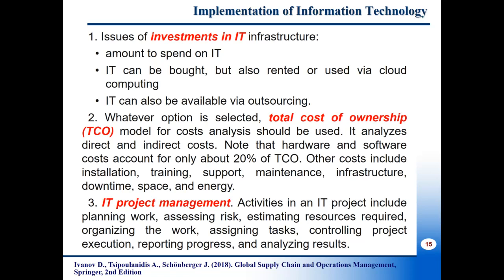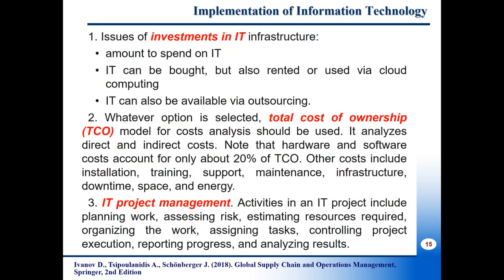It analyzes direct and indirect costs. Note that hardware and software costs account for about 20% of TCO. So other costs include installation, training, support, maintenance, infrastructure, downtime, space, and energy, which need to be considered. TCO can be reduced by the use of cloud services, greater centralization, and standardization.